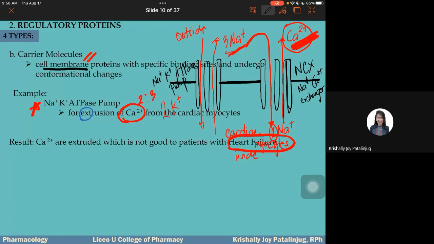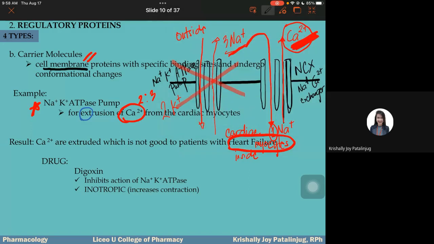An example of a drug that targets this sodium potassium ATPase pump is the cardiac glycoside digoxin.